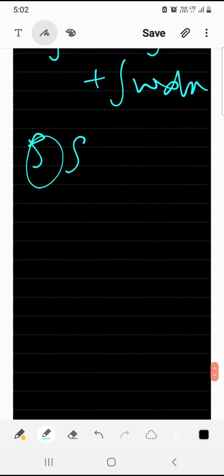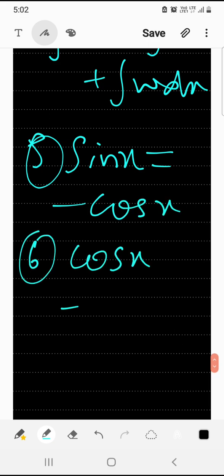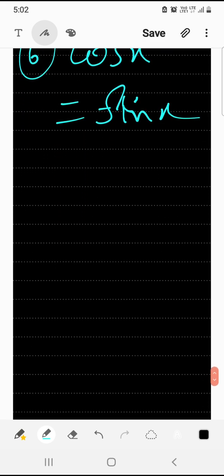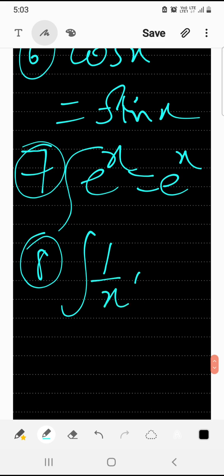And the fifth rule is sin x. Integral of sin x means minus cos x, and the sixth one is integral of cos x is equal to sin x. You can put in the integration constant also. Then the seventh one, e power x integration will be e power x only, and integration of 1 by x dx is equal to log x.